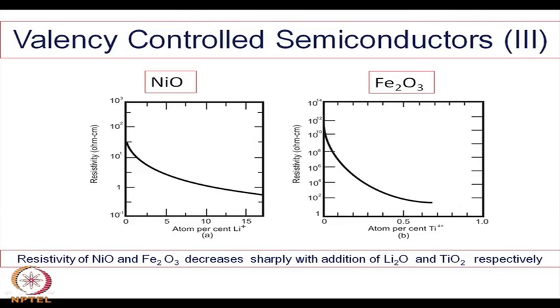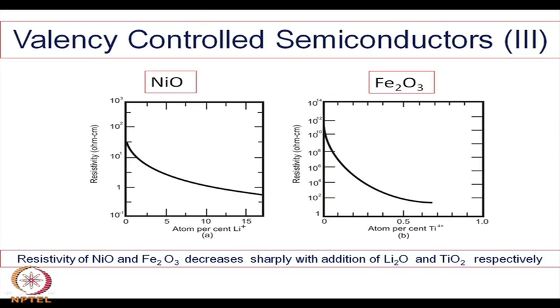However, the defect concentration can be fixed by addition of impurities, and those are called valency controlled semiconductors, and we have given two examples: NiO, nickel oxide, and Fe2O3. I have also seen that the conductivity in such oxides increases quite significantly. In this case, the plots have been made for resistivity as a function of dopant concentration.